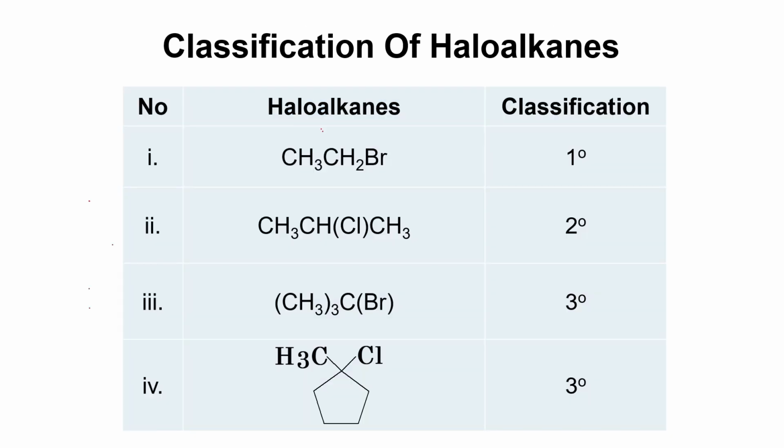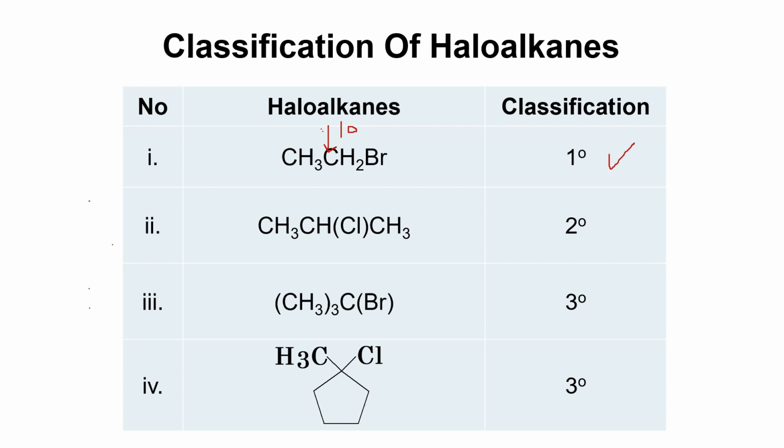Now let's see examples on how to determine the class of haloalkane. We have to focus on the carbon that bears the X atom. In the first example, bromine is attached to a primary carbon, so it is classified as primary haloalkane.